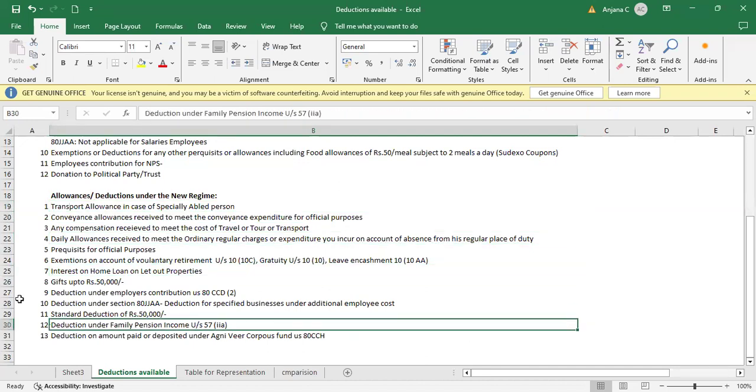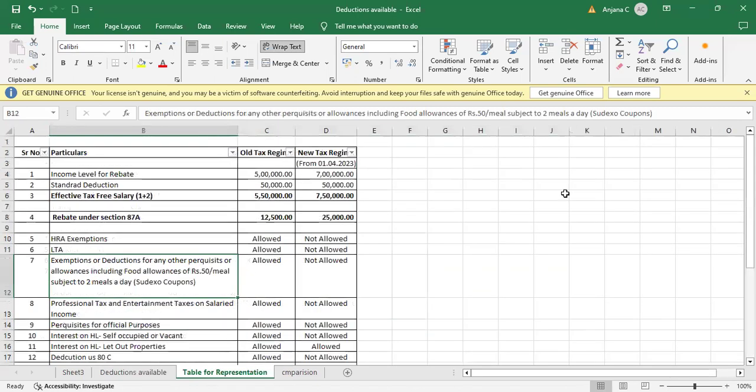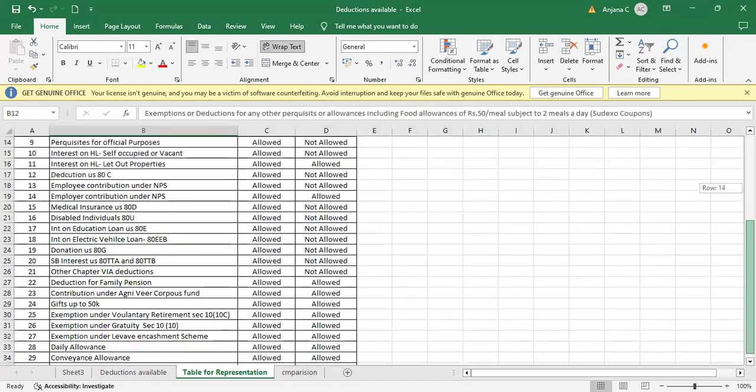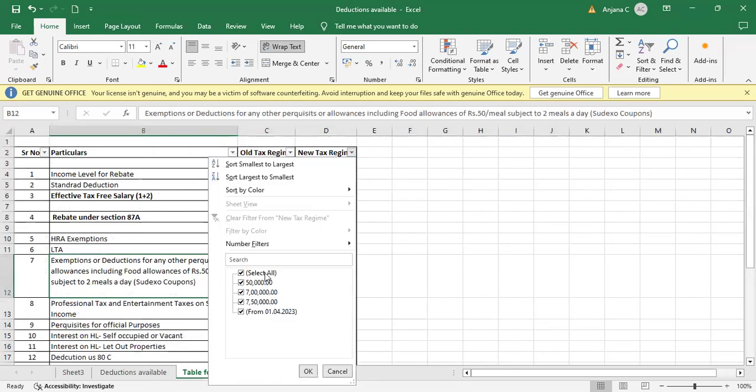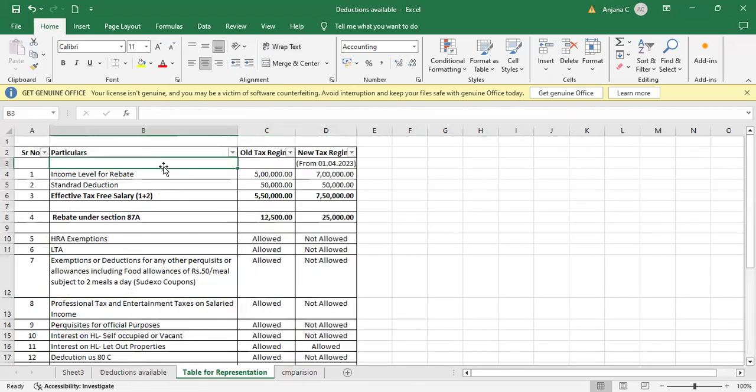So just to understand a pictorial representation of what is allowed and what is not allowed, we see here that the income level for rebate under the new tax regime is increased to 7 lakhs, and the standard deduction of 50,000 makes an effective tax-free salary of 7,50,000.